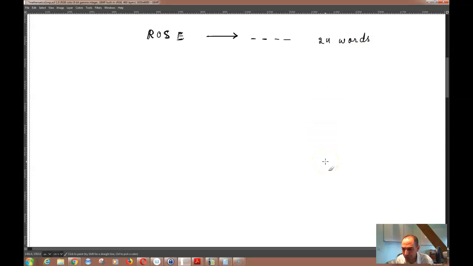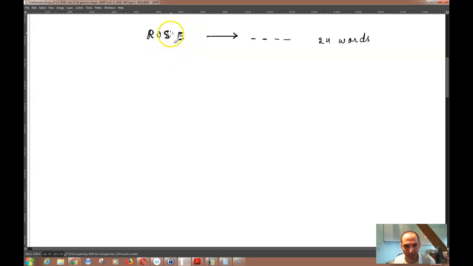Now, as you can see, we said that permutation is the different arrangements of different objects, taking all or some of them at a time.